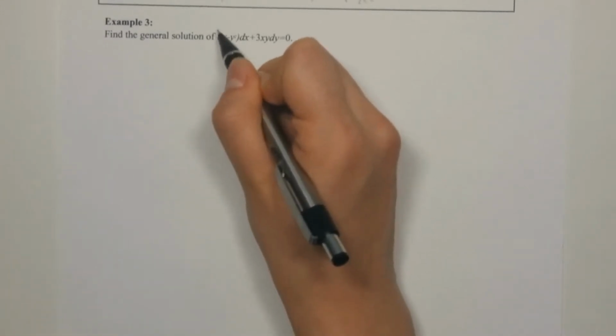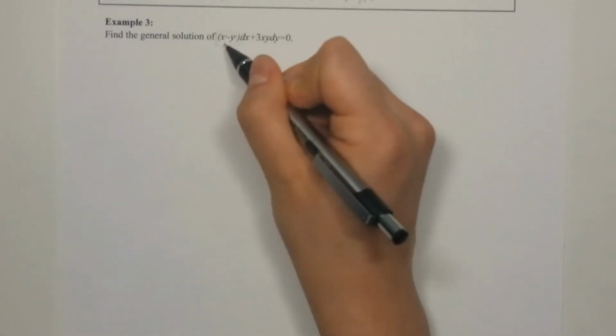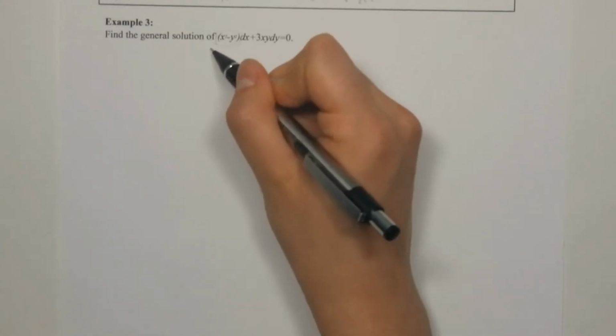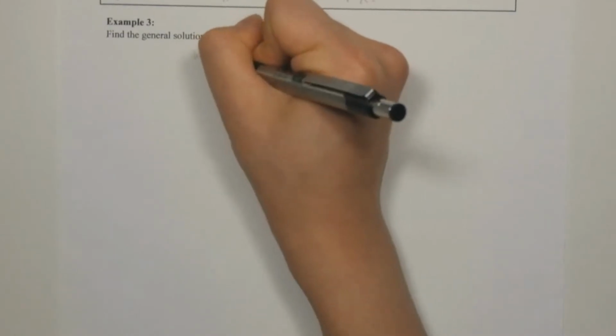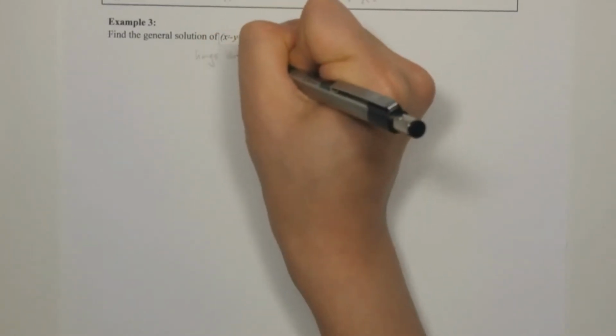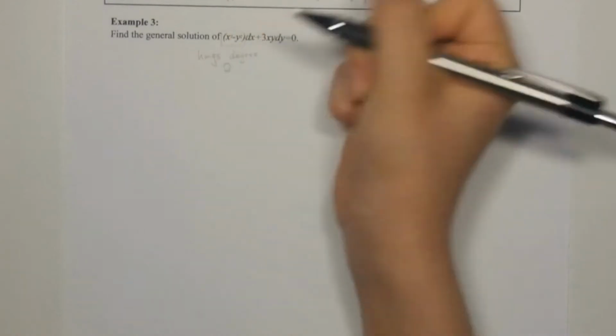Well, over here we can see that if you plug in tx and ty, you'll get t to the power of 2. So it is homogeneous with a degree of 2.